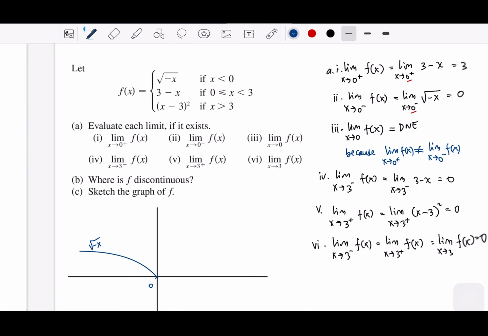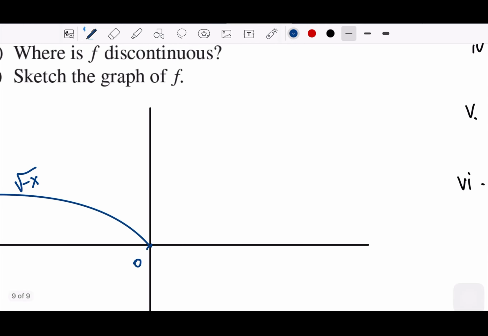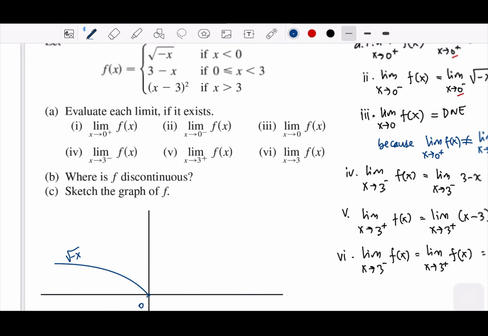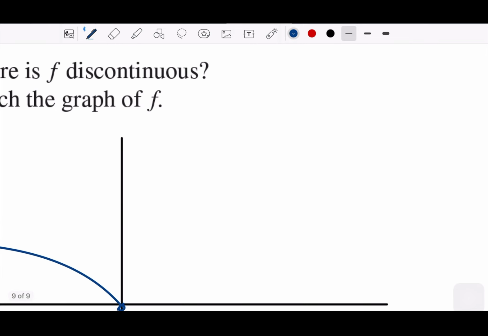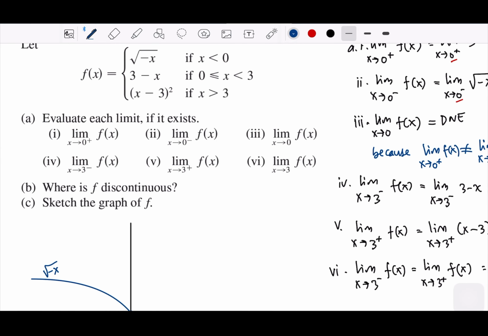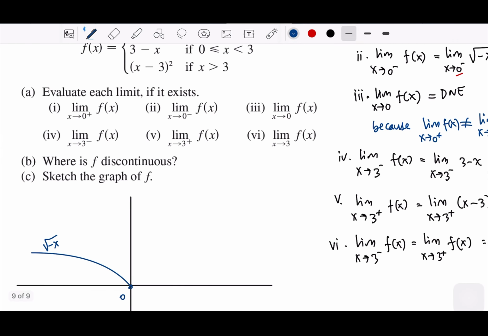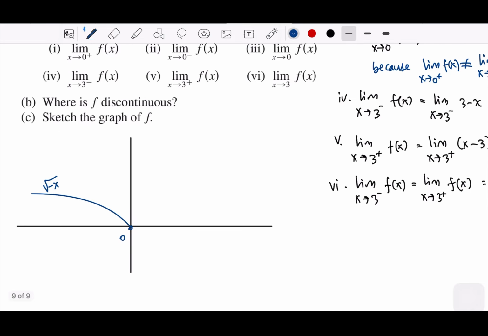And then it should not include the 0 there, so I need to make this an open interval. And then 3 minus x. So 1, 2, 3. 3 is here.